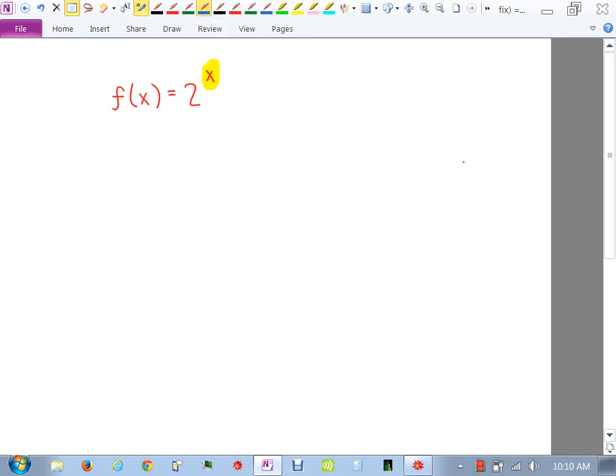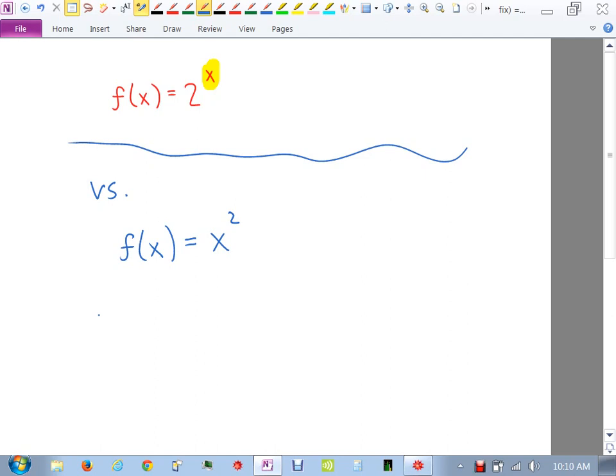Now I want you to look at that versus this function. That function we've studied. What is that? x squared, it's a parabola, right?